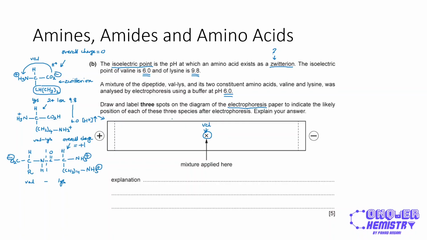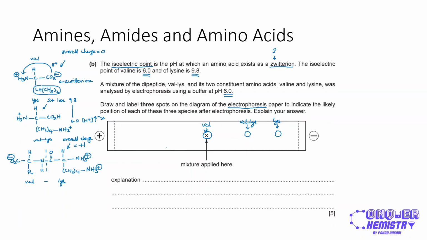Lysine has the greater charge, so it will move further towards the negative electrode, and the dipeptide val-lys will be somewhere in between valine and lysine, because it has half the positive charge and it has a greater Mr, so it will move more slowly.